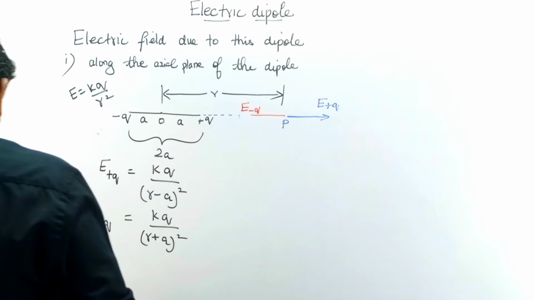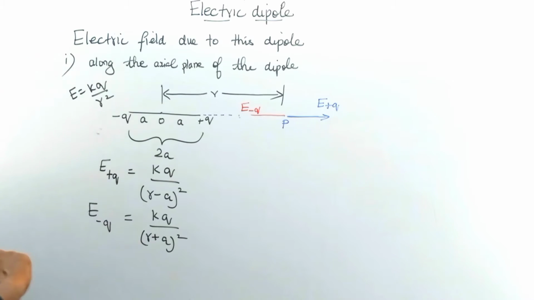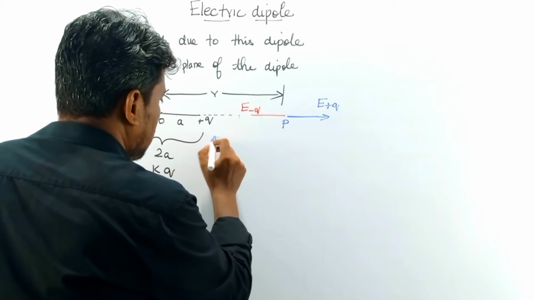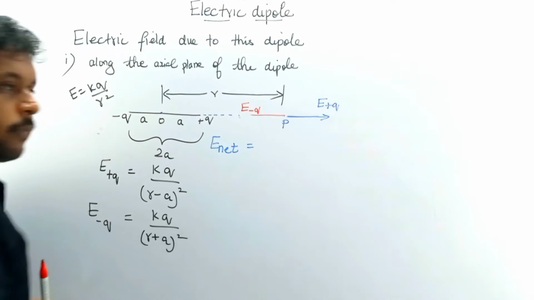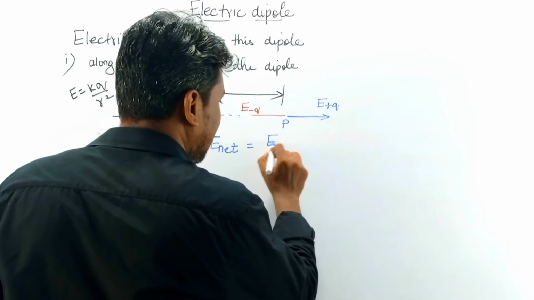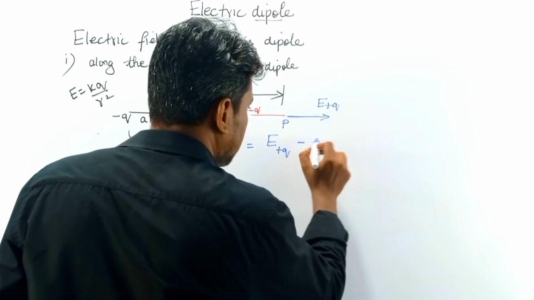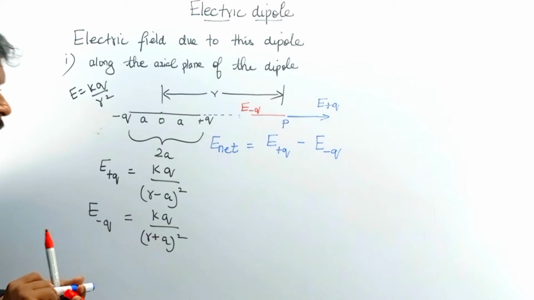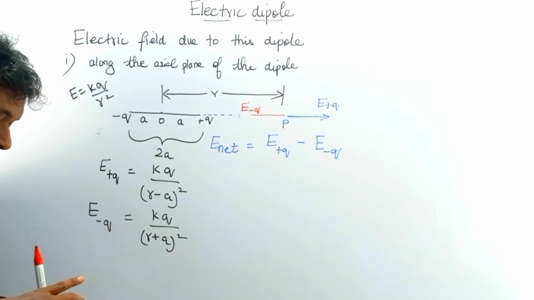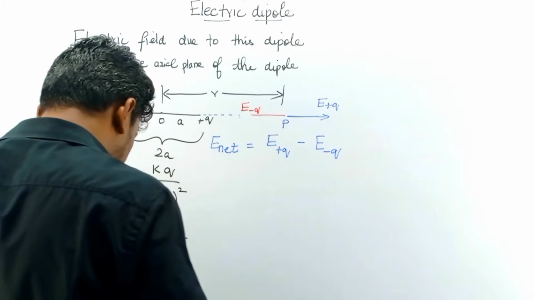Now we will write the expression for the net electric field. The net electric field will be equal to E due to the plus Q charge minus E due to the minus Q charge. Now we will find the net value.